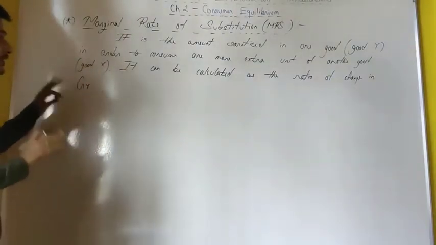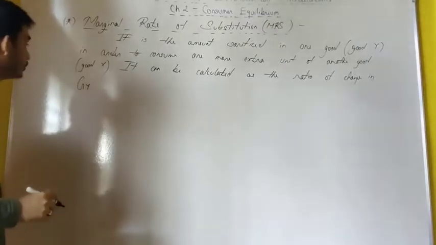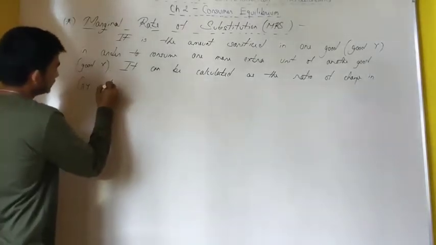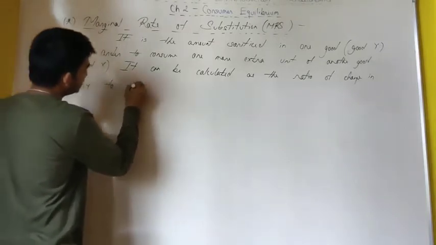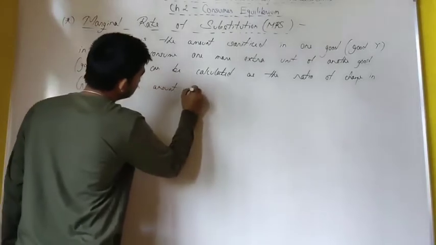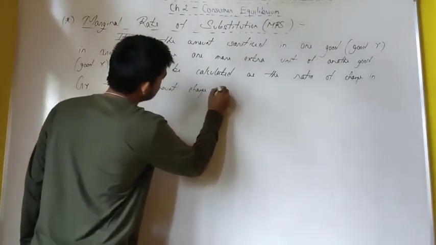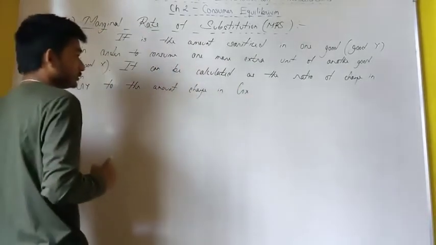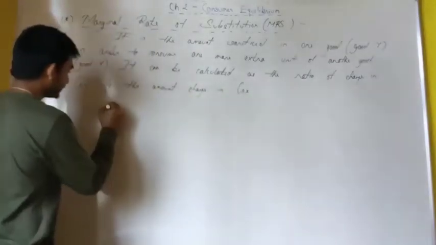GY means good Y, but you should go with the full good Y. Amount change in good Y to the amount change in good X.